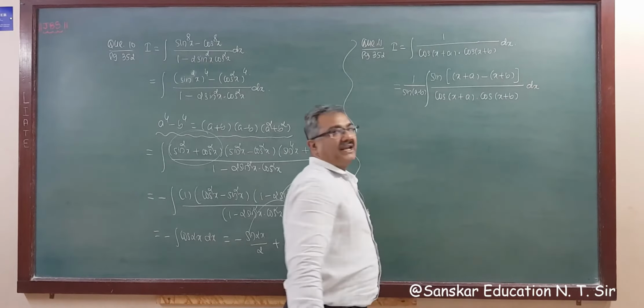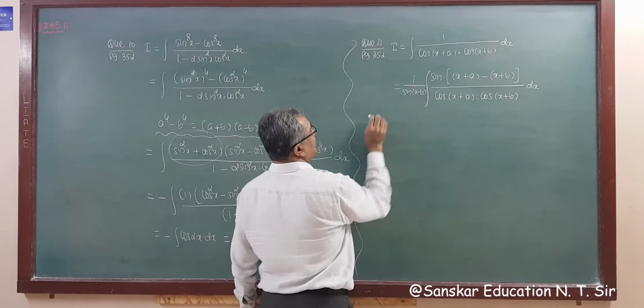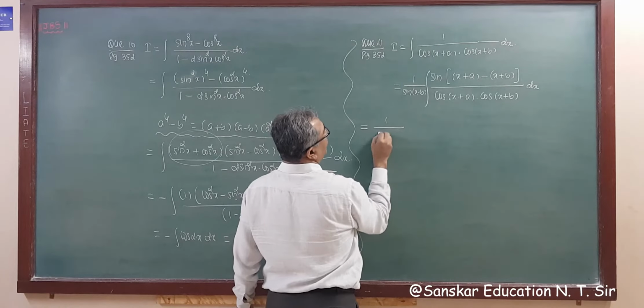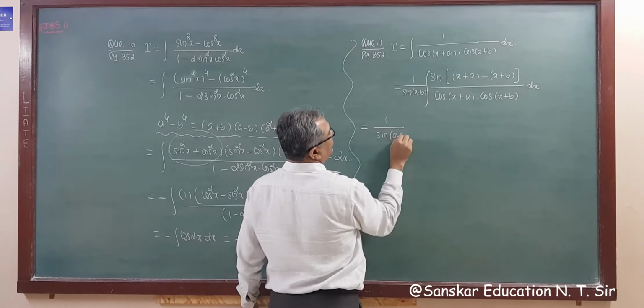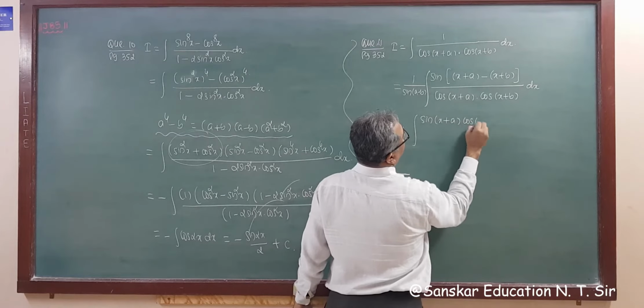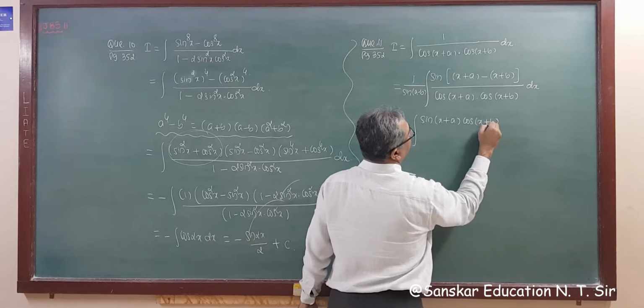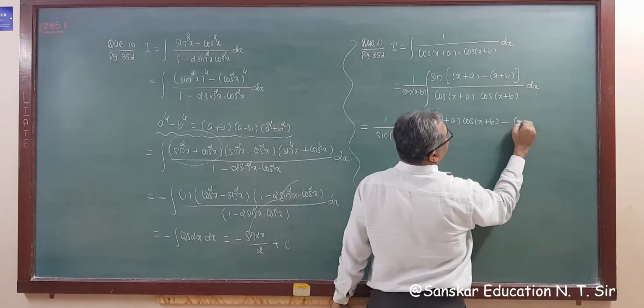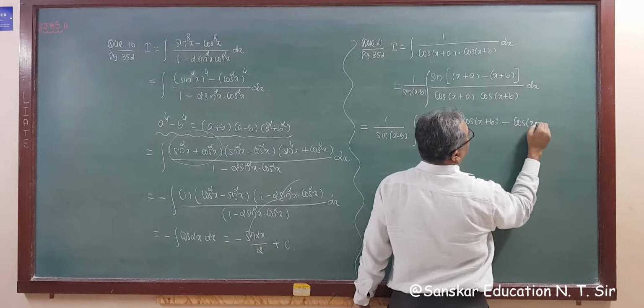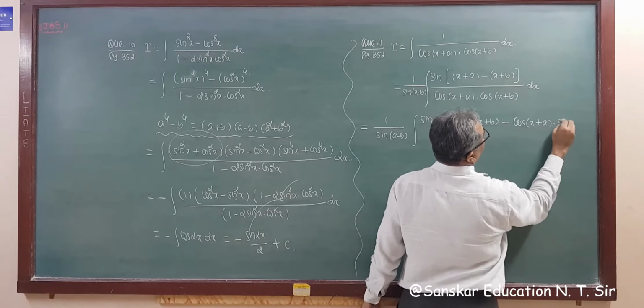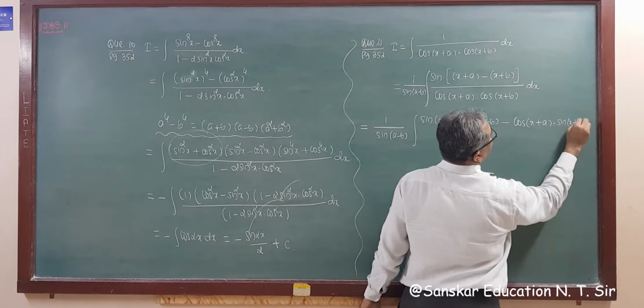Now applying the formula of sine a minus b, right? So I'm writing from here, 1 upon sine a minus b integration sine a cos b minus cos a sine b.